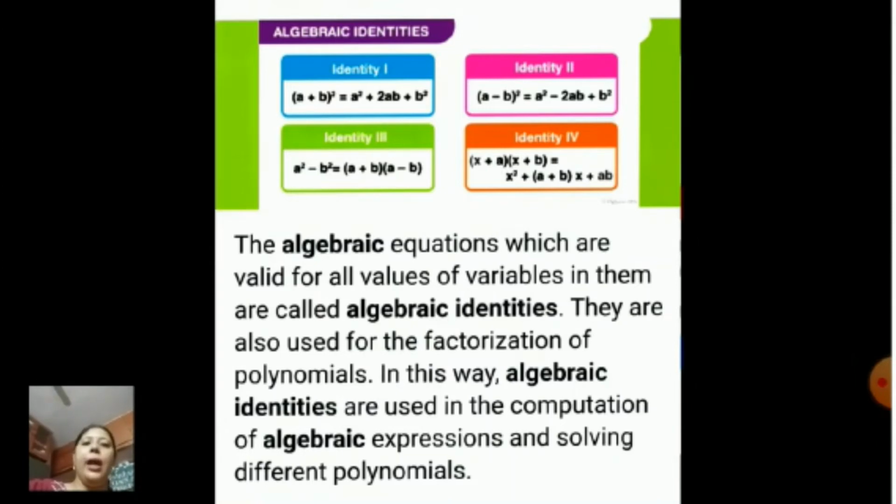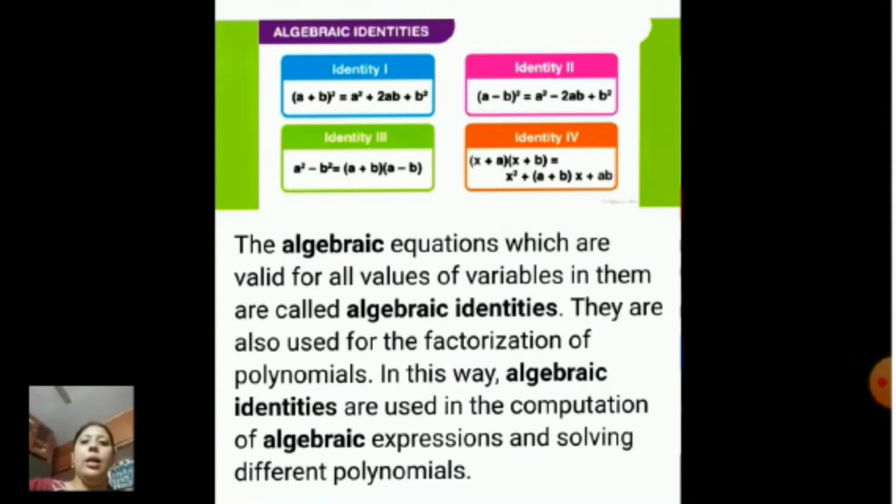So algebraic identities are used in the computation of algebraic expressions and solving different polynomials. It is also used for factorization, which you will read in the further classes or the coming chapters. So the main thing you have to understand: if you are assuming any value of a and b, you can solve left hand side and right hand side and you will get them equal.